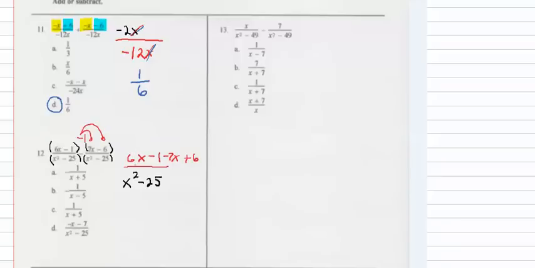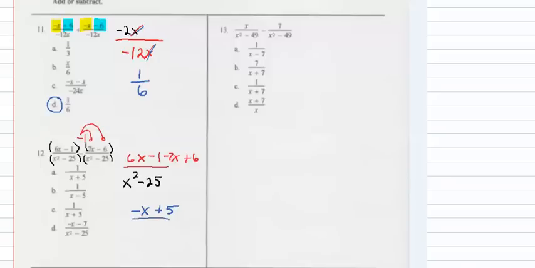Now at the top of my fraction I have a 6x and a negative 7x. That's going to be a negative x. Then I have a negative 1 and a positive 6. It's going to be a positive 5.